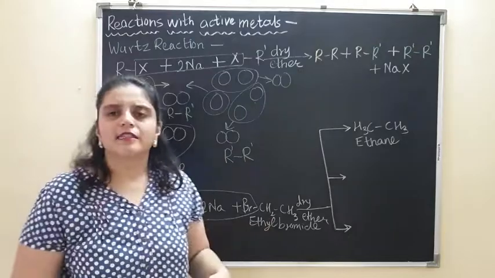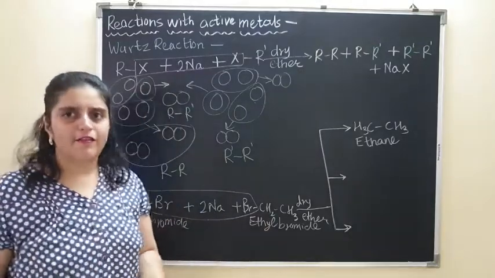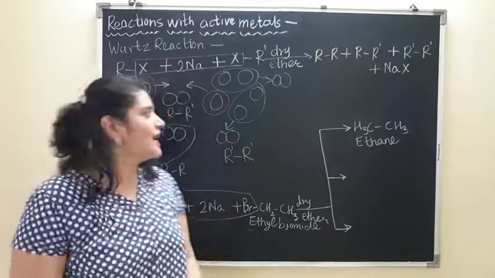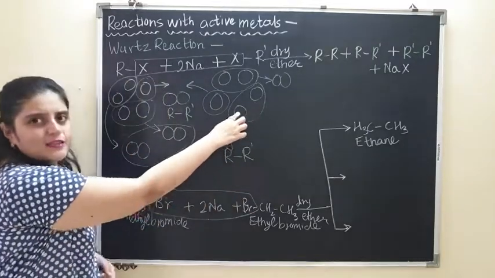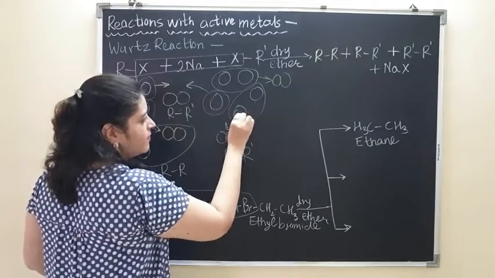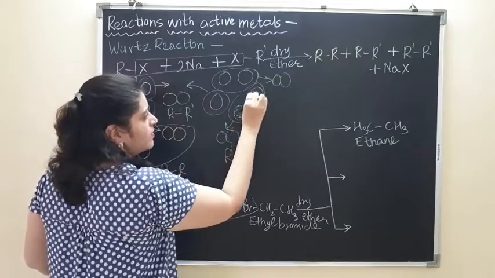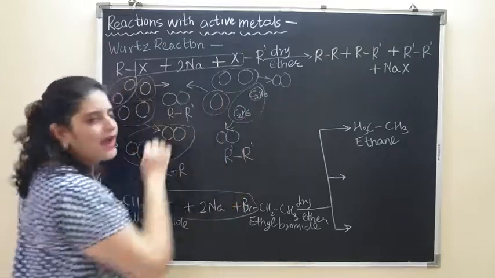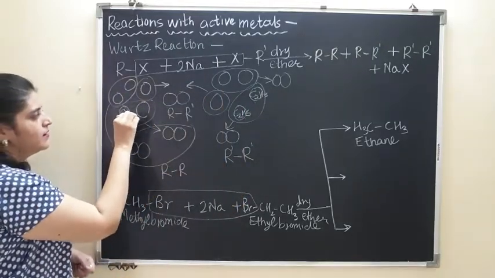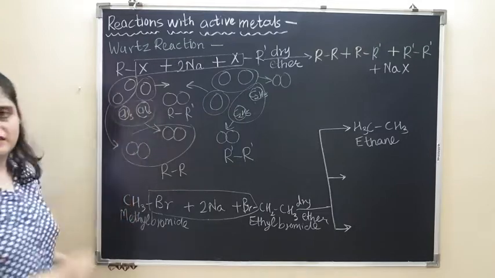Then C2H5, there will be some molecules of C2H5 which are going to react with itself. ऐसा वाला, imagine this to be C2H5. This is C2H5. And C2H5. Similarly, CH3.